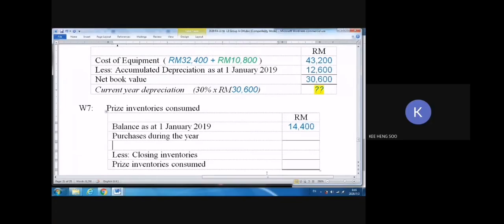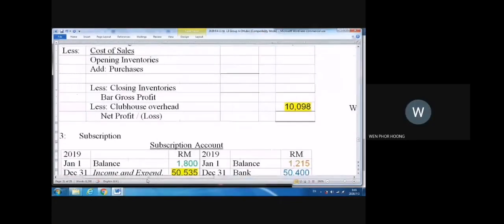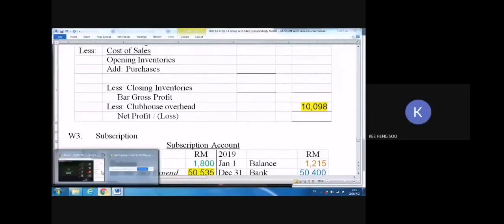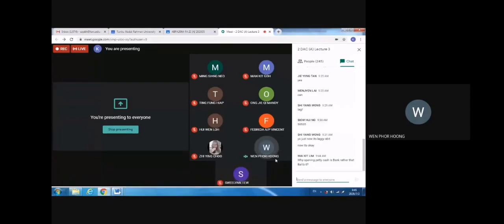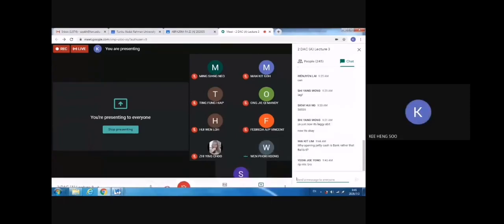Price fund. Do you purchase any prize? Yes. Order is inventory. Price inventory. Are you right? No. Yes, what do you want to ask? The price is price inventory, not price fund. Okay, sorry, I see wrongly.